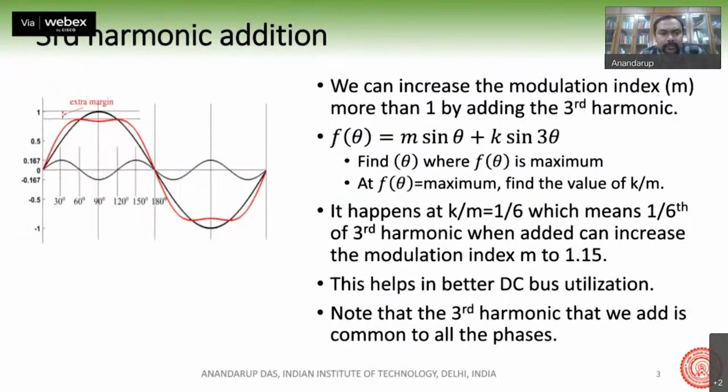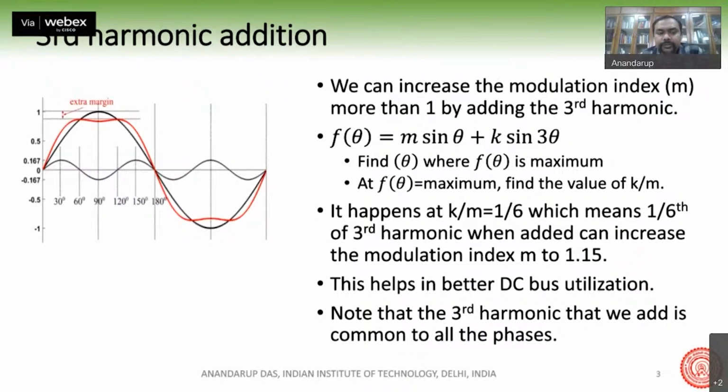This can be understood by the waveform shown here. The original black colored sine wave is the one which has a modulation index of 1. Then we add a third harmonic of a certain magnitude, in fact 1/6 of the fundamental, in phase with this black colored big sine wave.